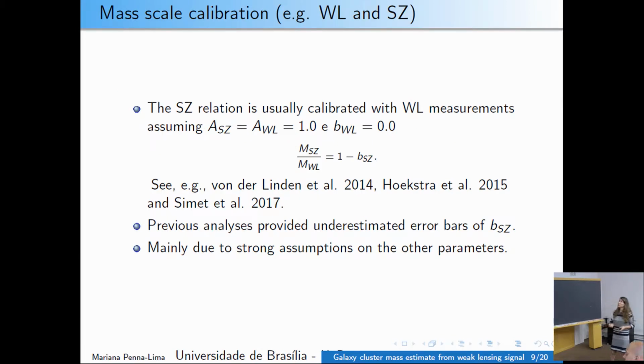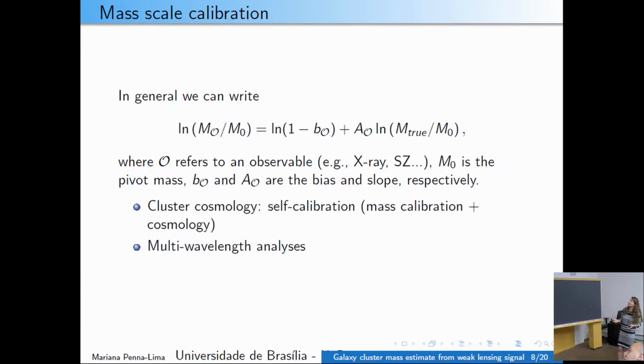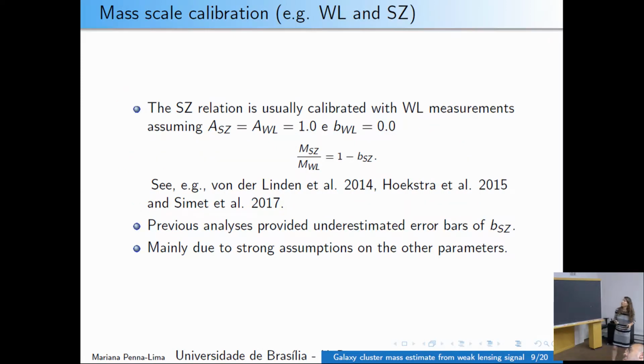So in the literature, people usually try to calibrate one relation, for example, SZ relations, given weak lensing mass estimates. But using this formula, usually people assume that weak lensing masses are unbiased, so B is 0, and also they put the slopes of the Sunyaev-Zeldovich and weak lensing relations equal to 1.